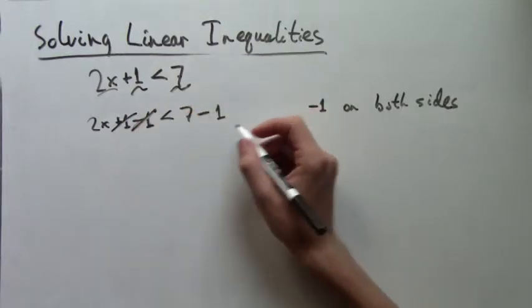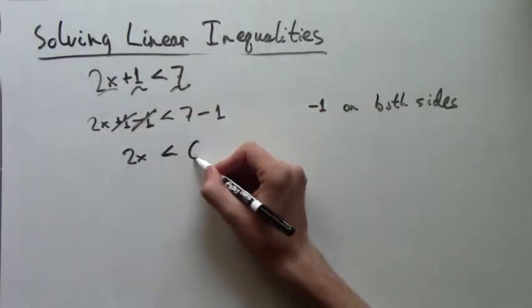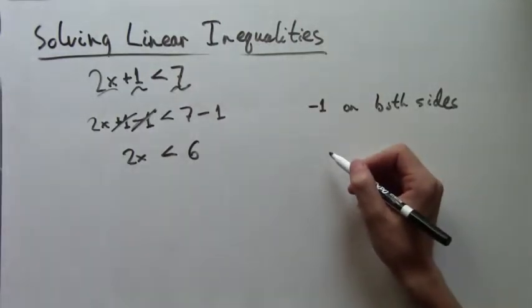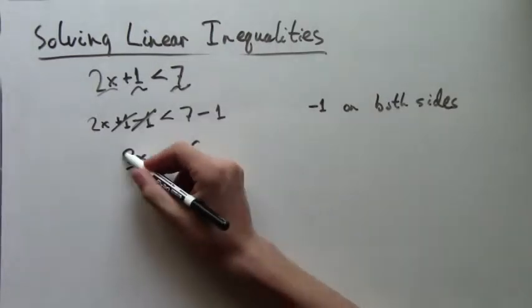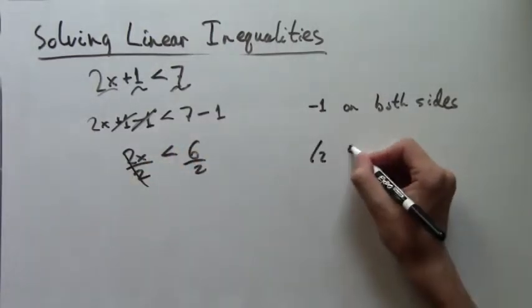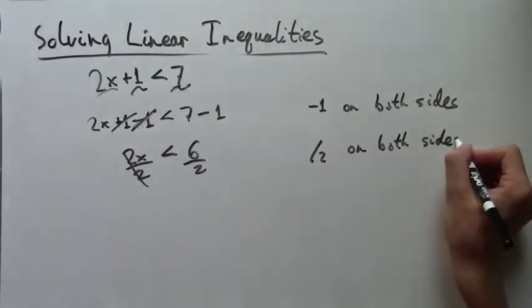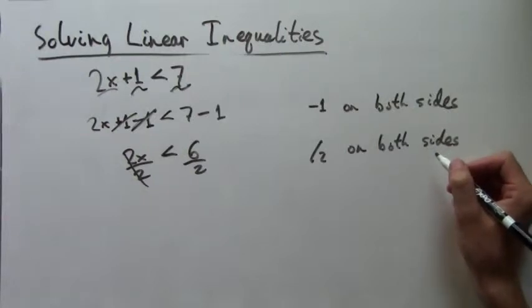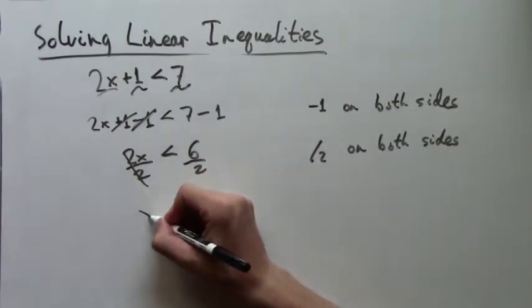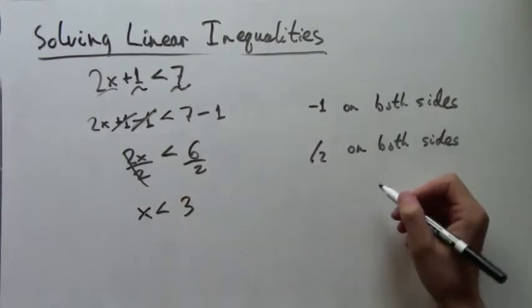So we simplify and we get just 2x less than 6. Now we can divide by 2 on both sides because we don't want the 2 in front of the x, we just want x. And again, we're allowed to do this because we've done the same thing to both sides, just like in linear equations. Now we get x less than 3.